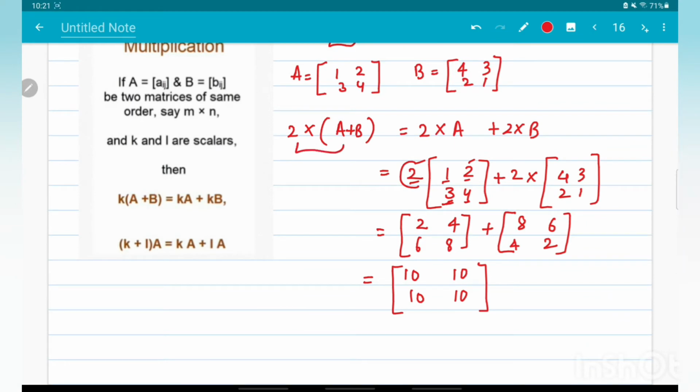Now what was my LHS side? This was my LHS. Okay, now if I do my LHS also, suppose I multiply 2 after I add both of the matrices, I've added the matrix A and B. So I have to do 1 plus 4. Okay, I'm adding the corresponding elements over here. So 1 plus 4, then 2 plus 3, 3 plus 2, and 4 plus 1.